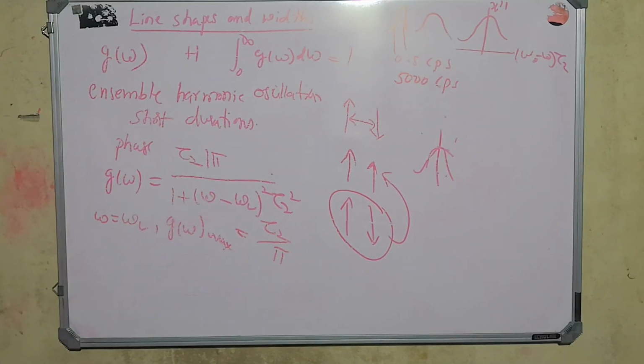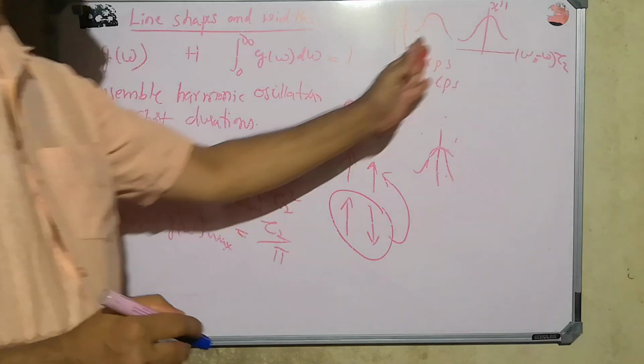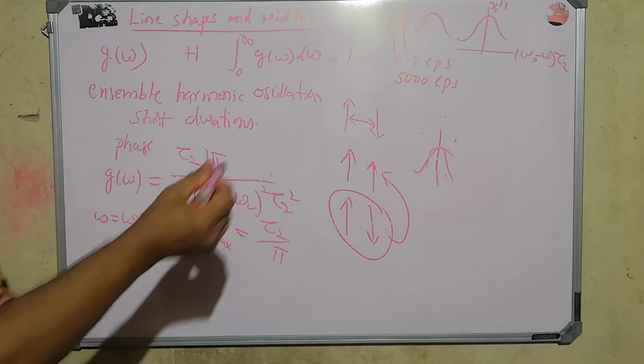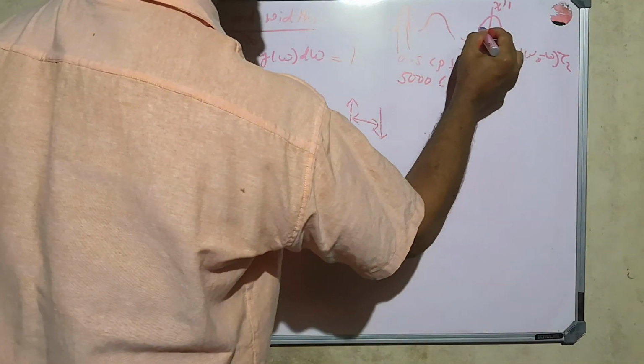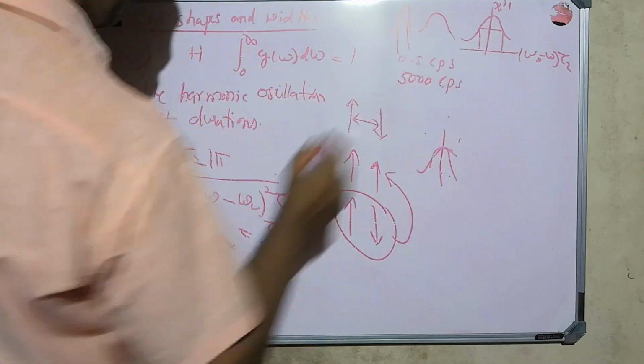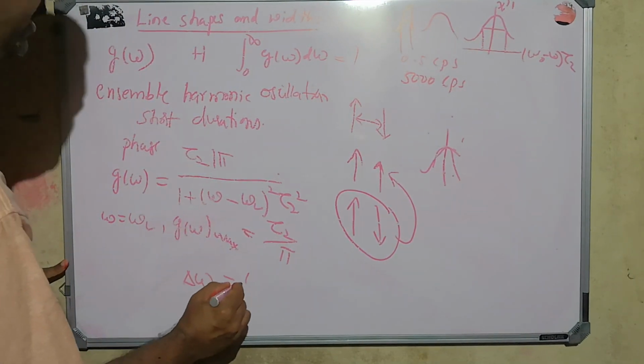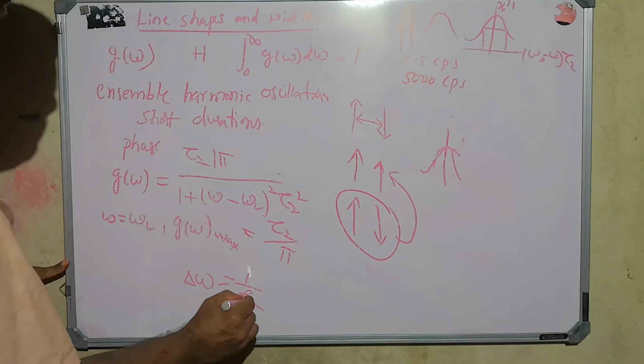So here we have just seen the reason for line broadening in case of gases and liquids. It can also be shown that the half width delta omega is equal to 1 divided by tau.